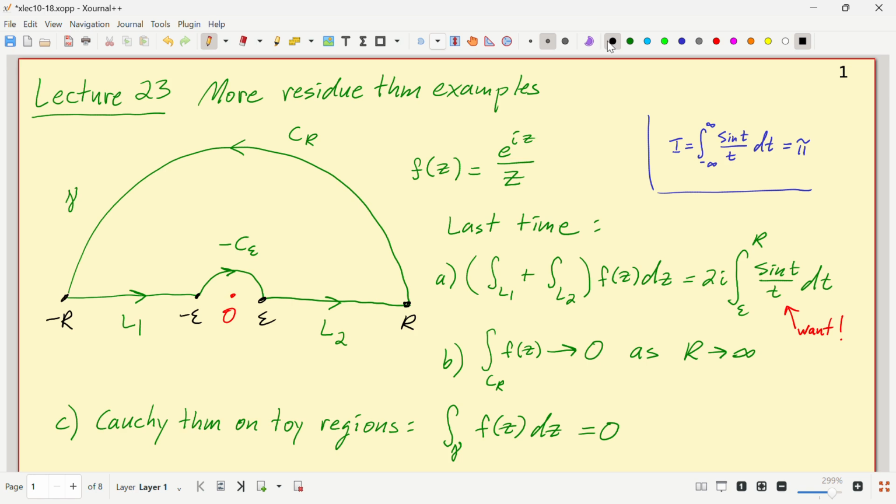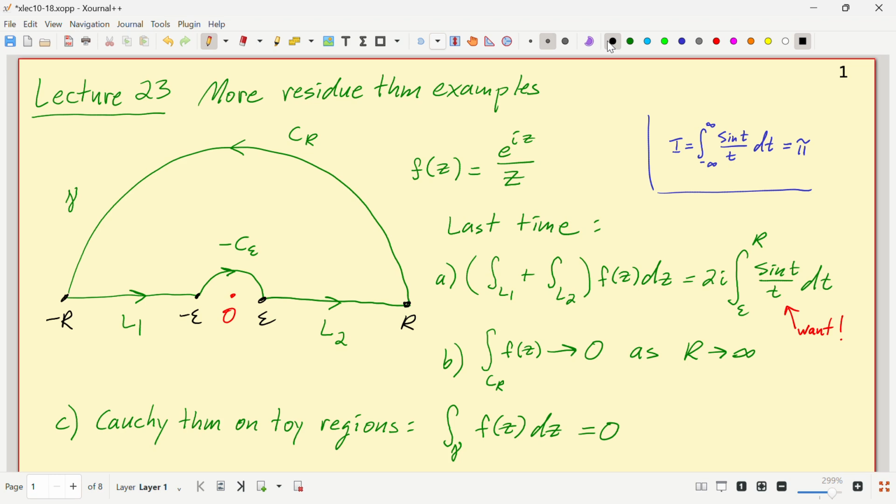Last time I made this toy region that was going to be useful. We have f of z is e to the iz over z. I showed last time that if you add up the straight line parts, L1 and L2, you get an integral related to what we want: 2i times the integral from epsilon to r of sine t over t dt.